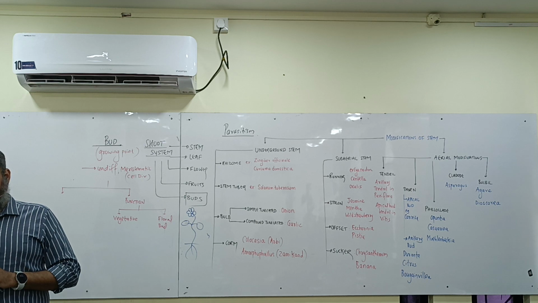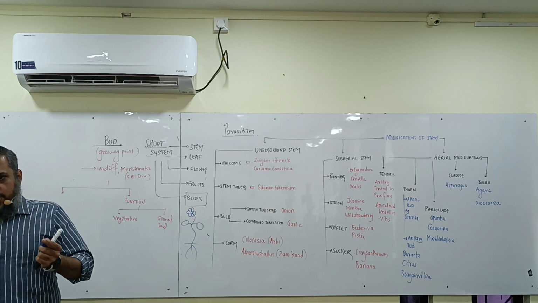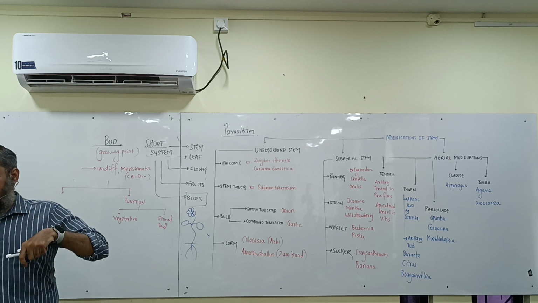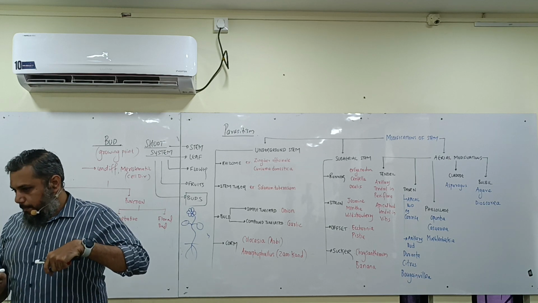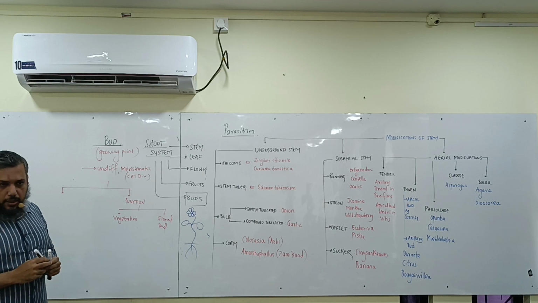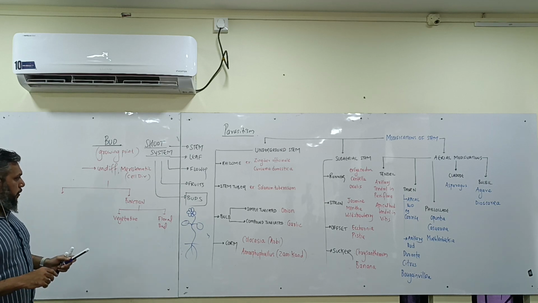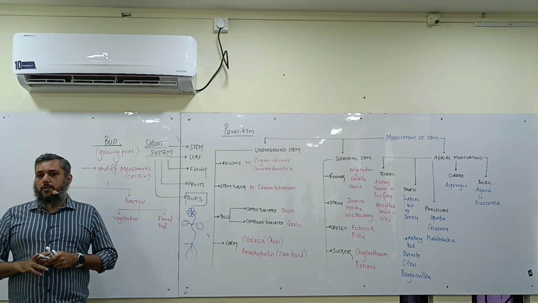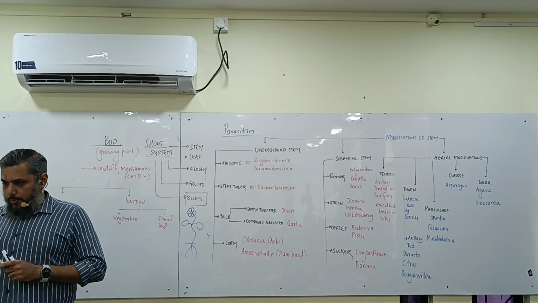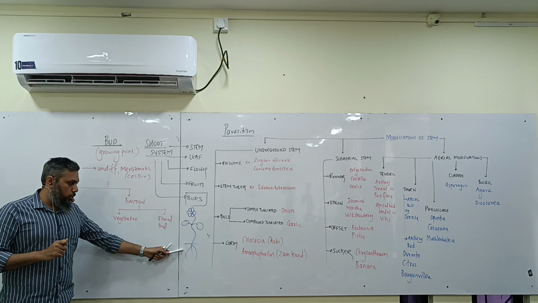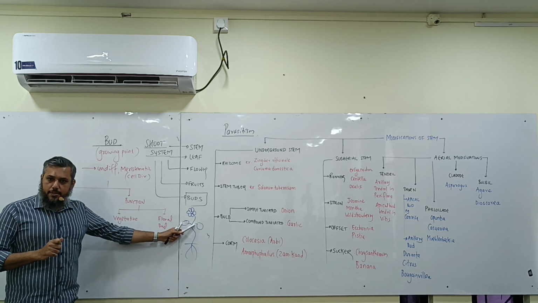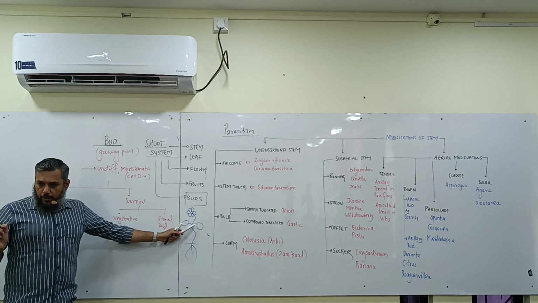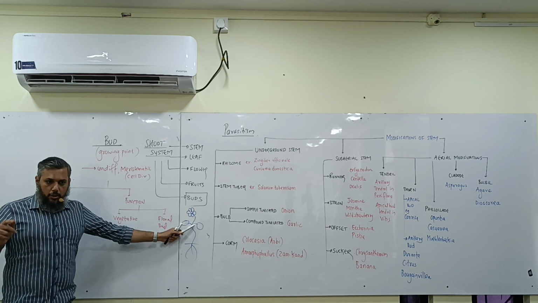Similarly, the flower shows the presence of an ovary. Inside the ovary there is ovule. Inside the ovule there is an egg. Got my point? So that is why we say that the flower is not a vegetative organ. The flower is a dash organ. It's a reproductive organ. It helps in the process of reproduction. Whereas the root, stem, and the leaves, they are vegetative organs. And a flower is a reproductive organ.